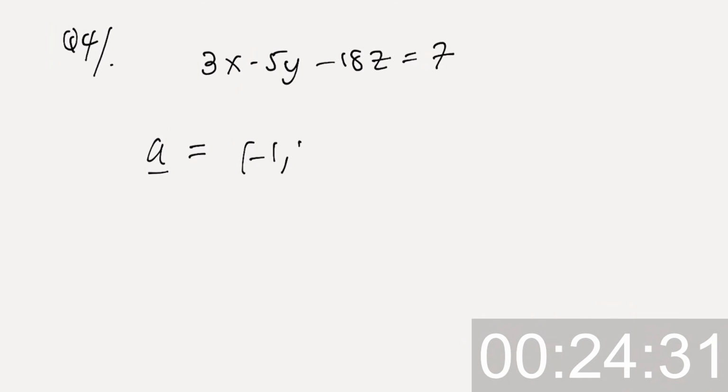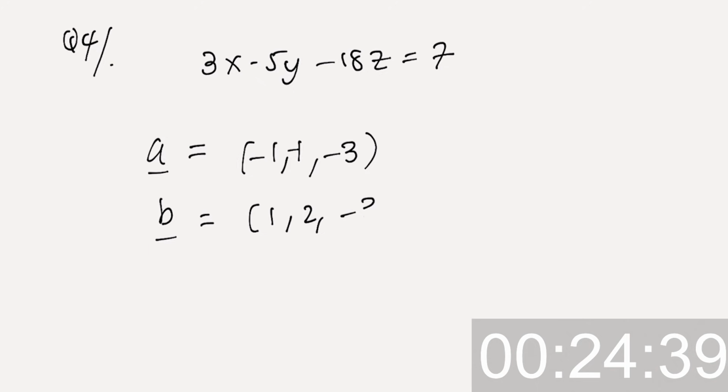And then my water pipe goes between two points, so it goes through the point A, which I'm going to write as a vector, (minus 1, minus 1, minus 3), and another point B, which is (1, 2, minus 3). I can see they've got the same z coordinate, so they are in the xy plane, just lifted up, or down even, at z equals minus 3. So that's helpful.